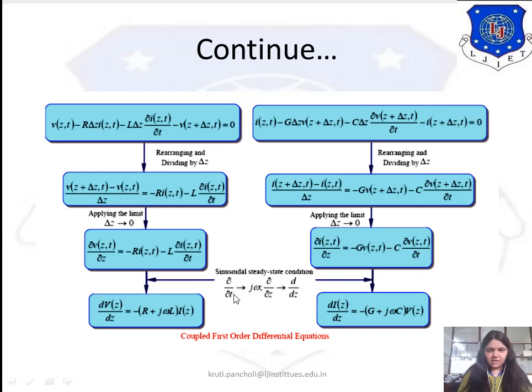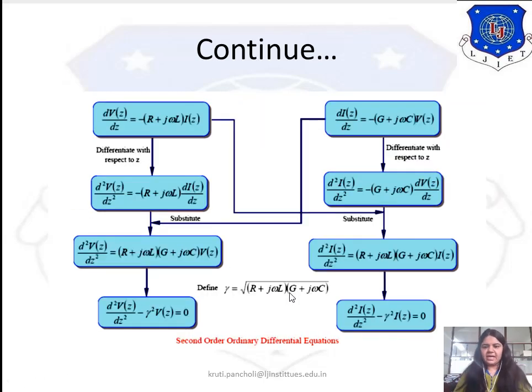Here del by del T becomes j omega. So del V(z) by del z is equal to minus (R plus j omega L) Iz, and del Iz by del z is equal to minus (G plus j omega C) Vz. Now we put this dI by dz value over here and this dV by dz value over here.